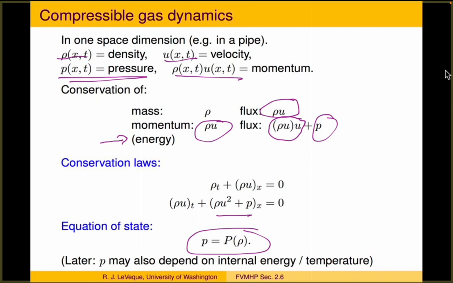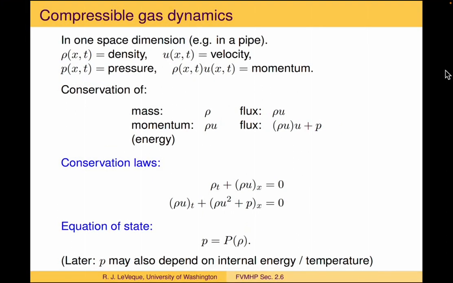Later, we may see that if we have a conservation of energy equation, the pressure might also depend on the temperature of the gas, for example. But if we're looking at something like isothermal flow, where we're assuming the temperature is constant, then you can model it with this simpler system. So you need the two conservation laws plus this equation of state in order to define the simplest version of compressible gas dynamics.